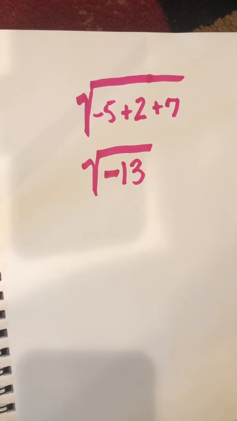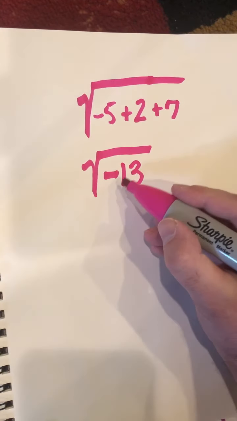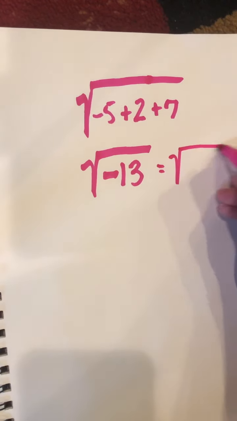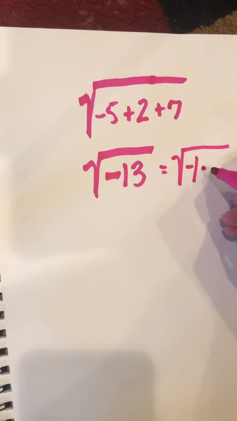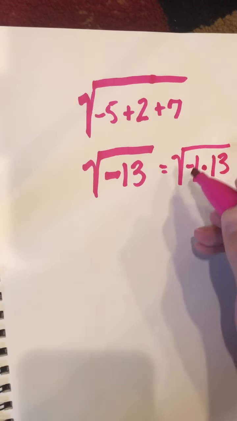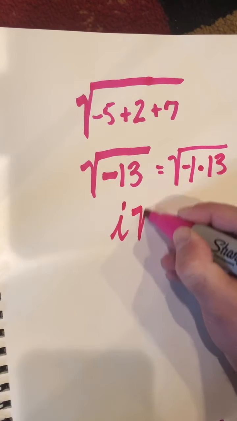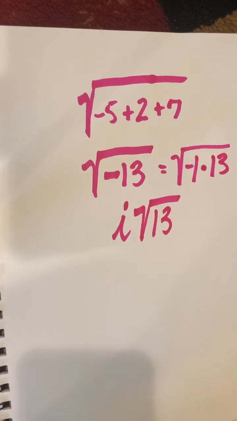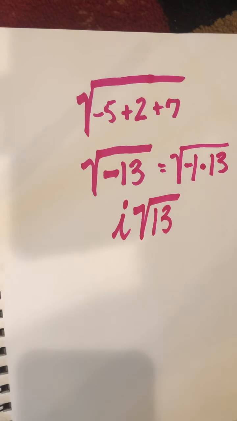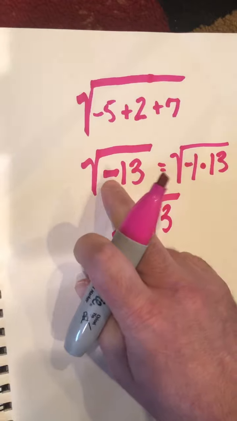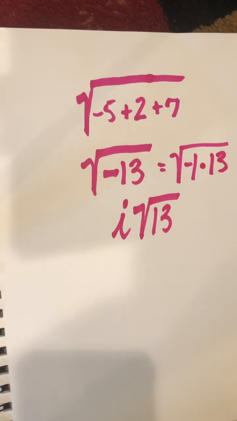Now, square root of 13, we're not going to do anything with that because it would become a hideous decimal, but there is one thing that we can do, because we can always pop that i out. So this is really like the square root of -1 times 13. And so we know what the square root of -1 is. It's an i. Now, we can't do anything with the square root of 13, so we can just leave that in there, but we can always pop the i out if we see a negative. That's, in fact, our first step.